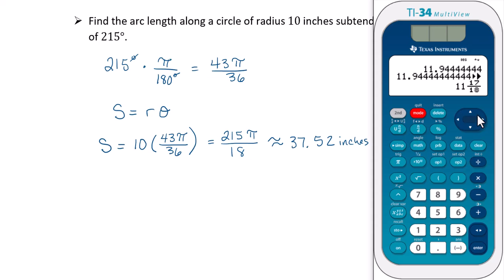So you can see if I had done the calculation that I did before, the 215 over 18, there we go. If I had 11 and 17/18, hit enter, it'll automatically put it into improper fraction form for you, which for us in algebra and trigonometry is a lot better than a mixed number when we're working with anything other than a practical application problem.